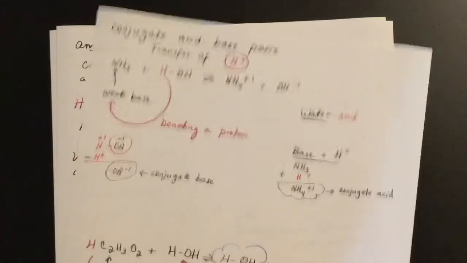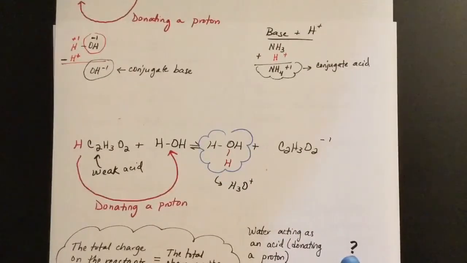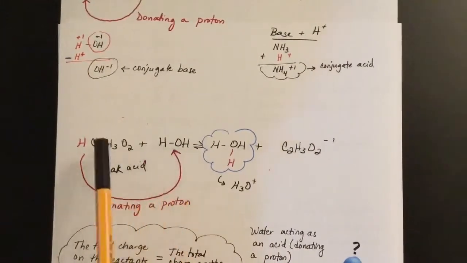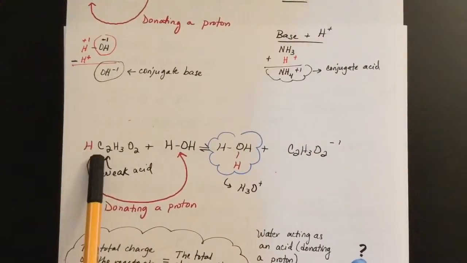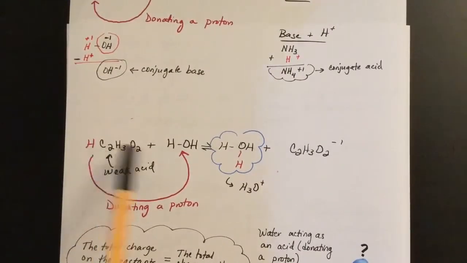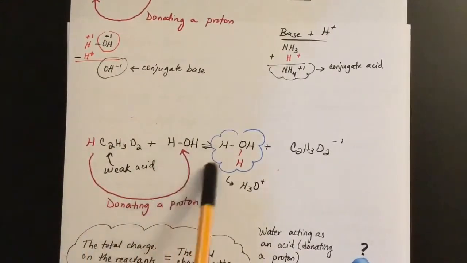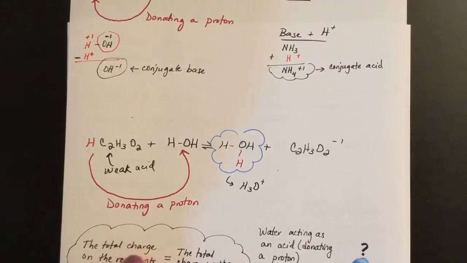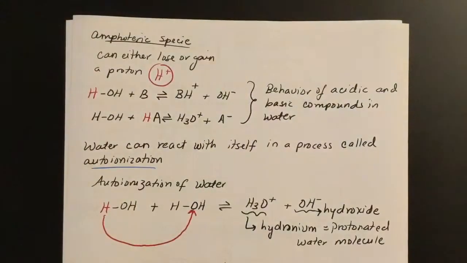On the second example, I have my amphoteric substance here, my water, in the presence of a weak acid. The weak acid will be acting as the acid, donating the proton. And now your amphoteric substance will be acting as a base, accepting the proton. So your amphoteric substance can be doing either one, accepting or donating the proton. But it's going to depend on what substance you actually have mixed with them.